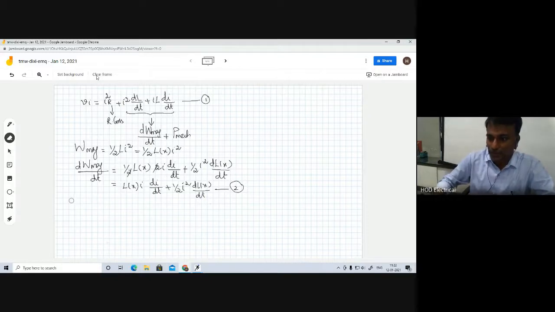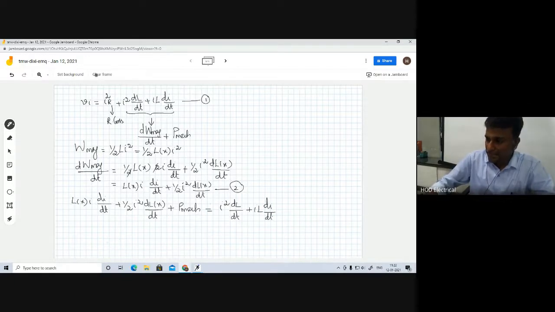So from equations 1 and 2 we can write L of x into I into dI divided by dt plus half I squared into dL of x divided by dt, plus the mechanical power, is nothing but I squared into dL divided by dt plus I into L into dI divided by dt.